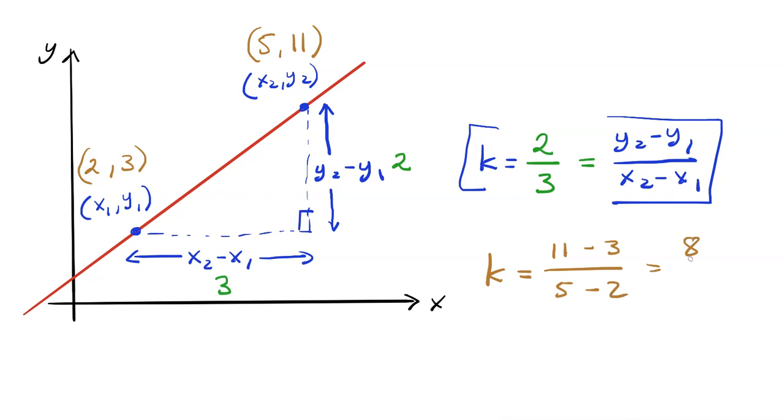So this will be 8 divided by 3, so 8/3, roughly 2.7, but exactly 8/3. So this is how we can calculate the slope if we're given 2 points on the line. That means that for every step we go in the x direction, we have to go 8/3 up. And if it would have been a negative number, it means that for every step we go in the x direction, we have to go down that much.